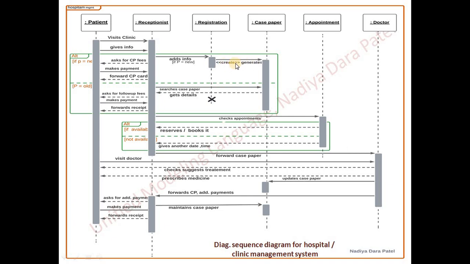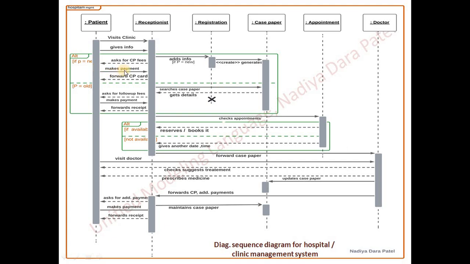So here I have made use of create. So as soon as registration finishes, we will create the case paper. So as soon as it has got the first message, the activation box has got started or has got active. The next is she will ask for case paper fees.